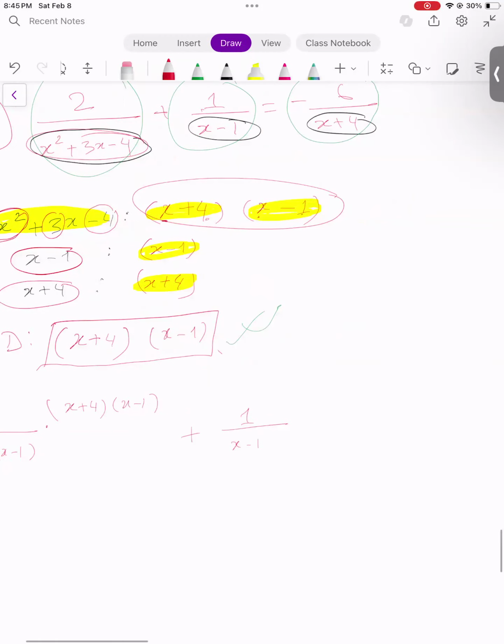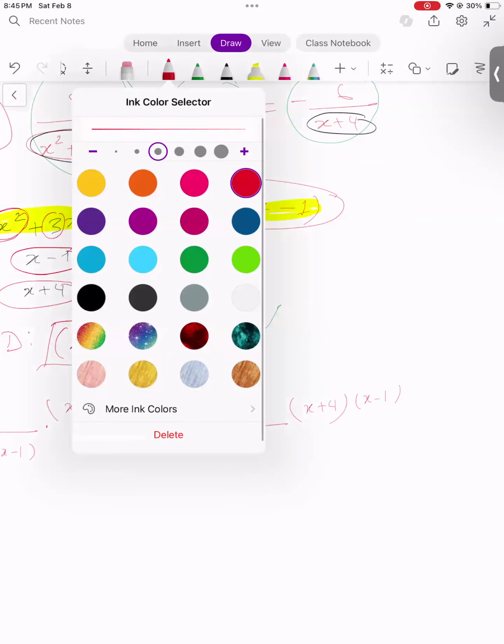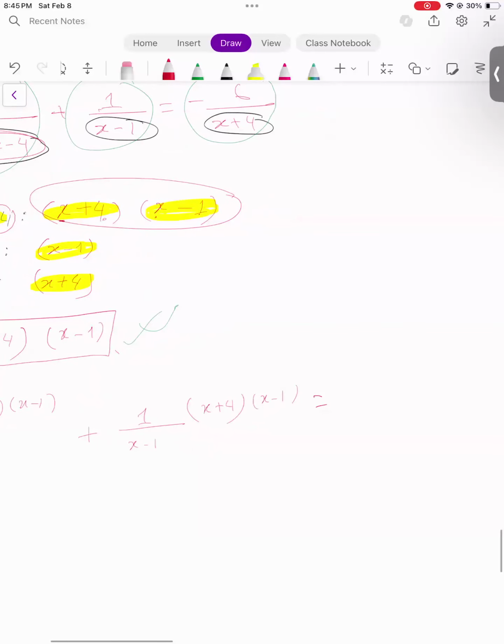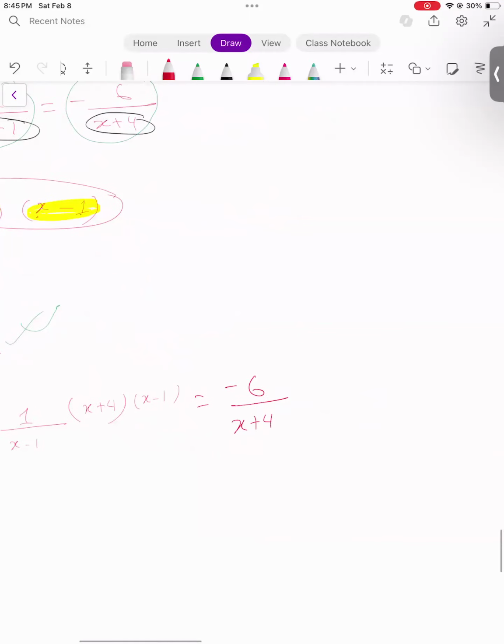We are multiplying this by the common denominator, x plus 4 times x minus 1. The next expression we have on the right side, negative 6 over x plus 4. We are multiplying by the common denominator, x plus 4 times x minus 1.